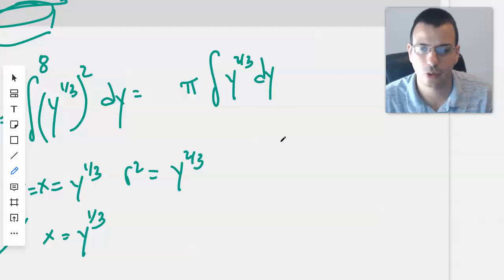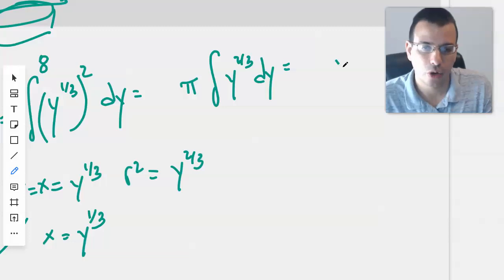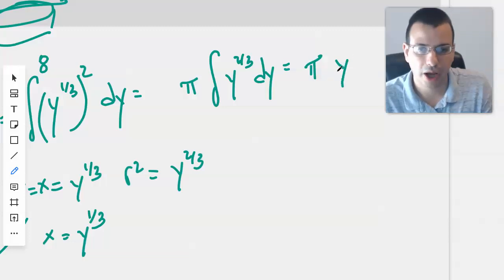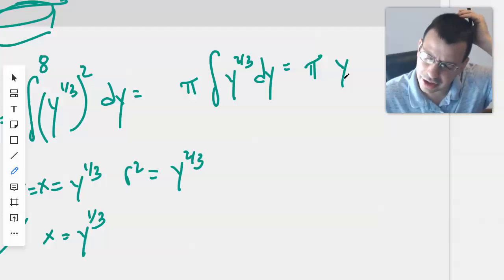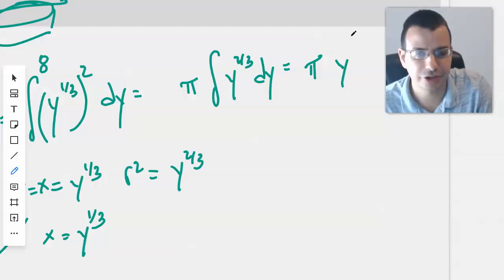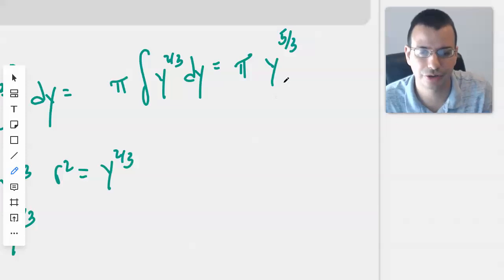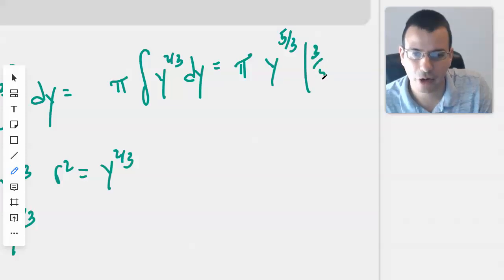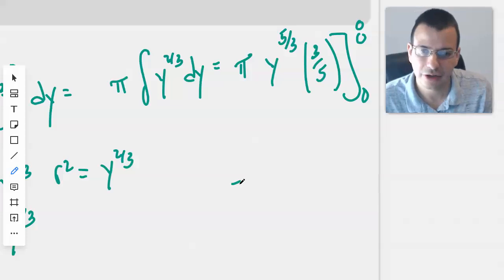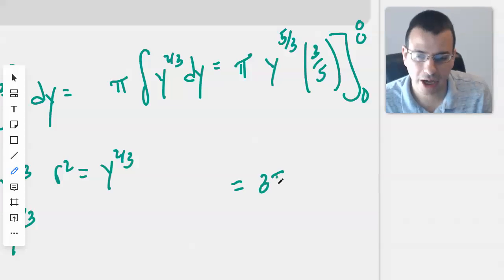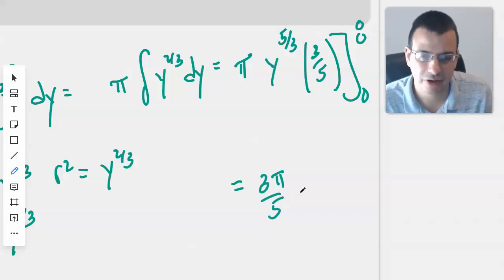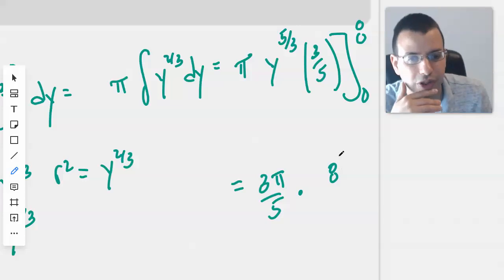Do the math. We have pi y to the 2/3 plus 1, that becomes 5/3. But then we multiply by the reciprocal because that's the power rule for integrals. And now we solve it from 0 to 8. So let's see here, 3 pi over 5 times 8 to the 5/3.